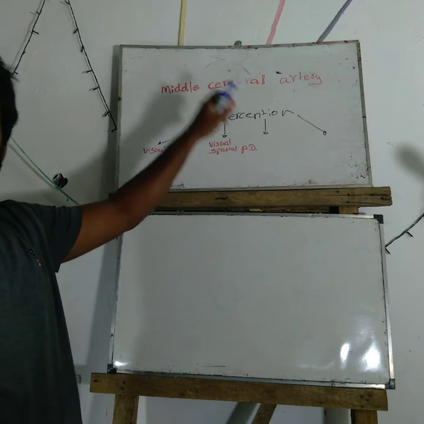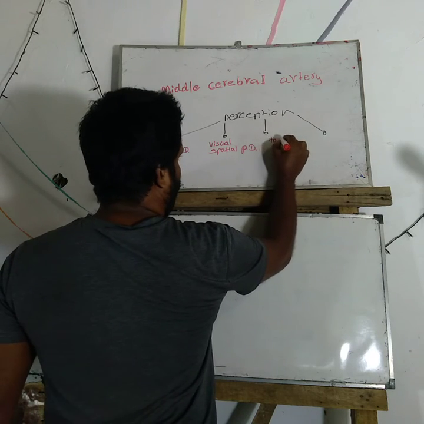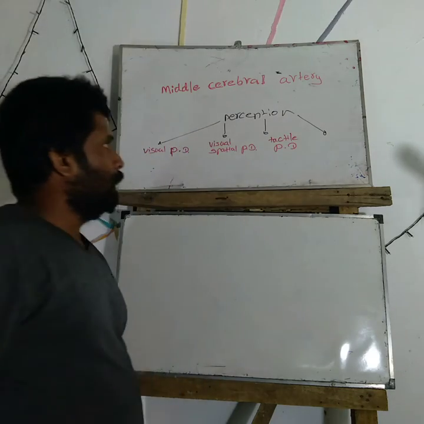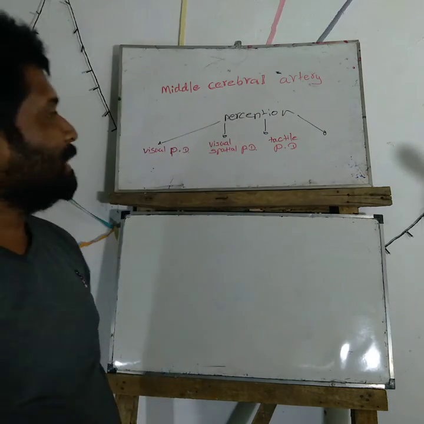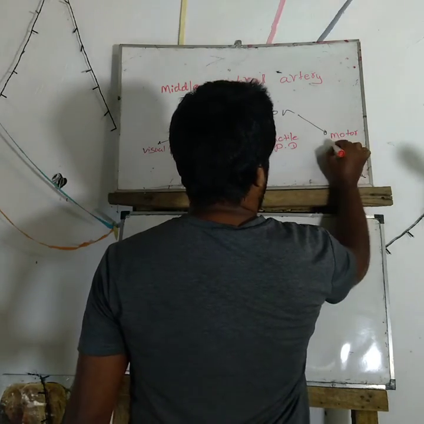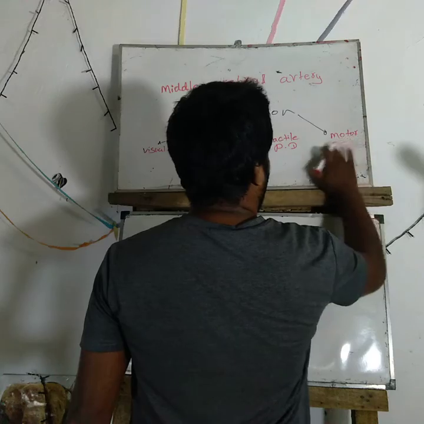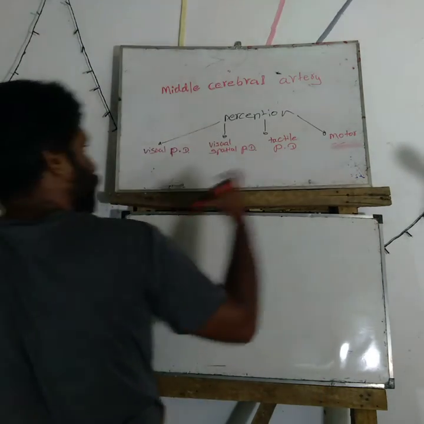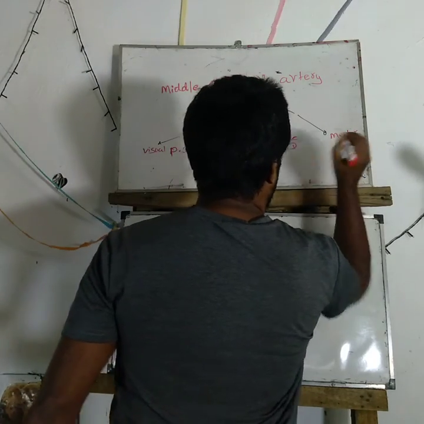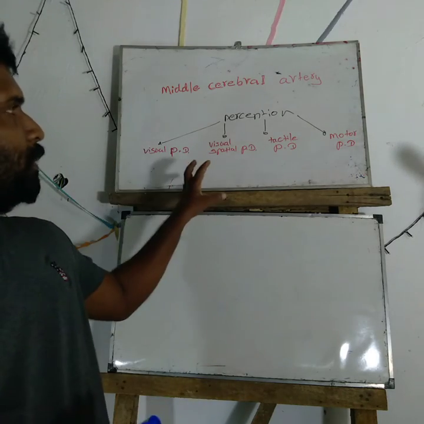Third one is the tactile perceptual disorder. The fourth one is motor perceptual disorder. Right, these are the major things we are going to discuss.